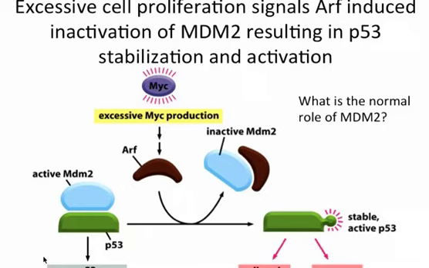So one last thing before you go. Excessive cell proliferation can signal another pathway, remember the same thing where you have MYC activation. Remember I said MYC induces a whole lot of things. And so one thing it will do is activate ARF, another gene. Remember, MYC is a transcription factor, activates expression of many genes, activates ARF. And what ARF does is it does the same thing from the other side.